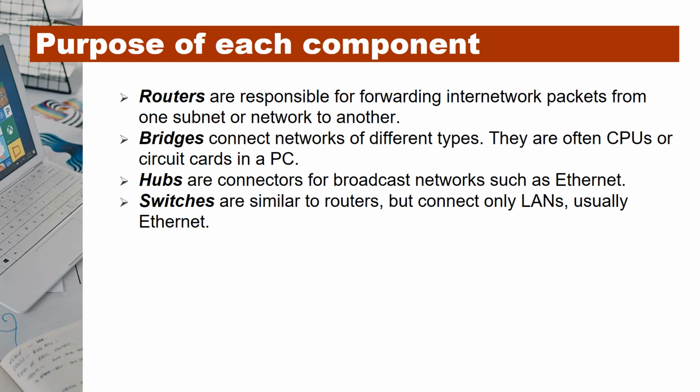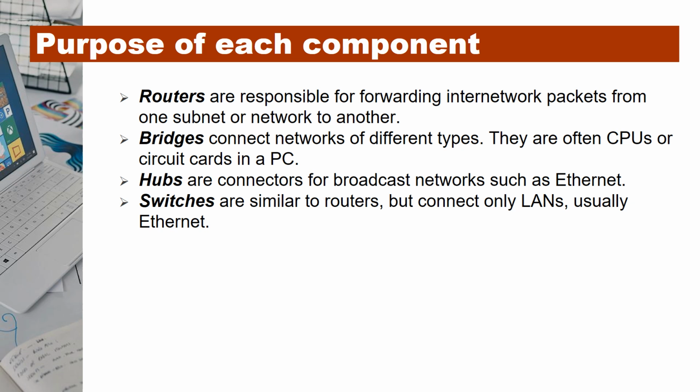Then to talk of bridges, these connect networks of different types. They're often CPUs or circuit cards in a PC. And also they connect two or more networks together at the data link layer. They filter traffic between networks based on MAC addresses.